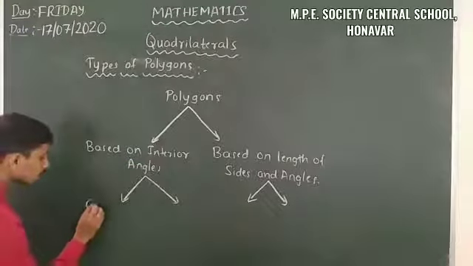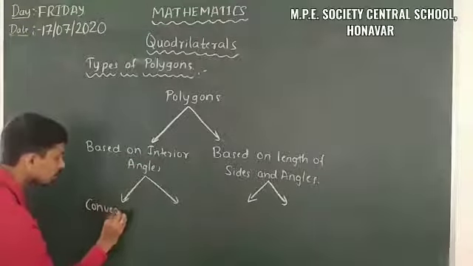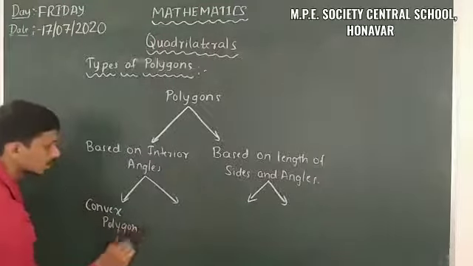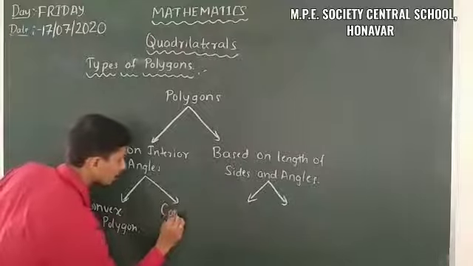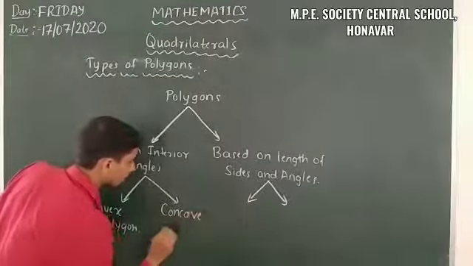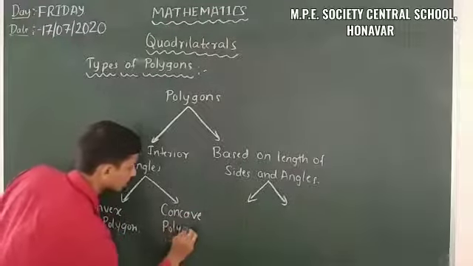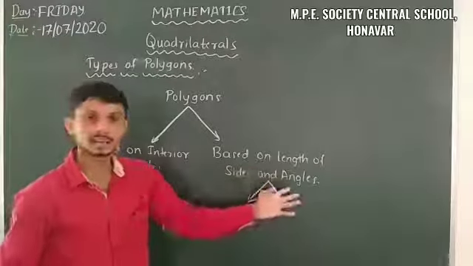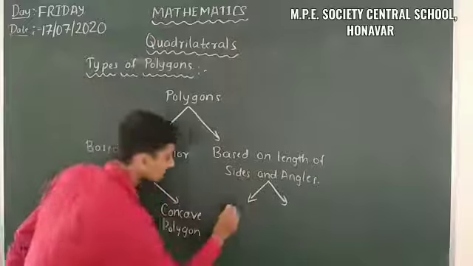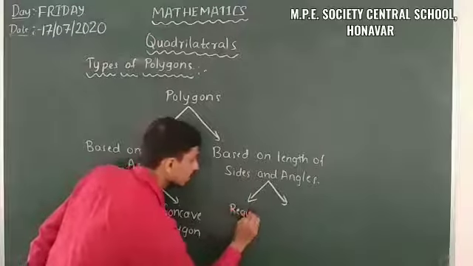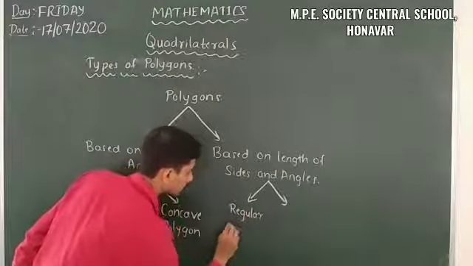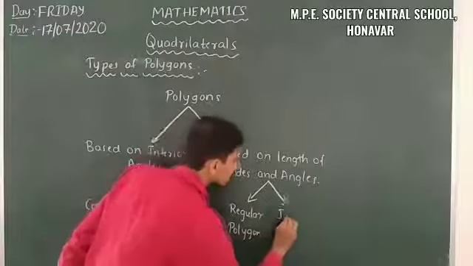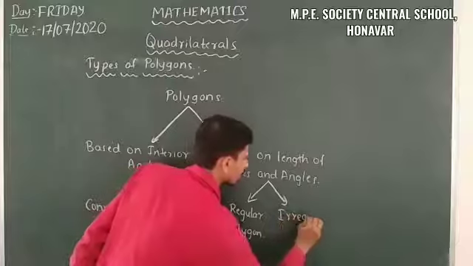Based on interior angles, one is the convex polygon, and secondly the concave polygon. Then, based on the length of sides and angles, there are again two types: one is the regular polygon, and secondly the irregular polygon.